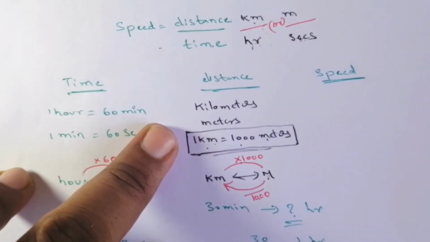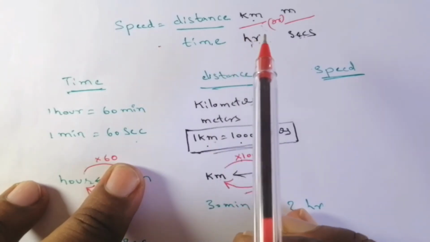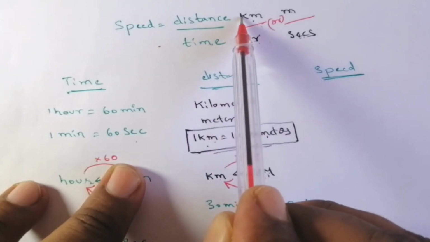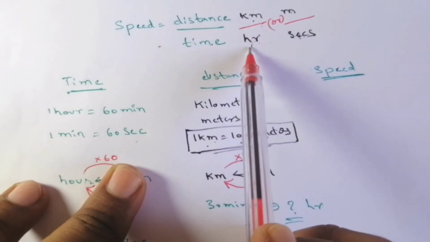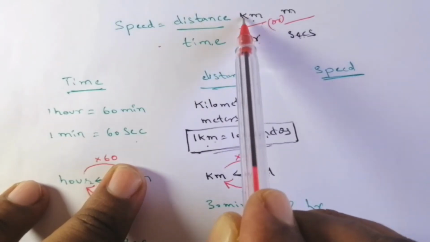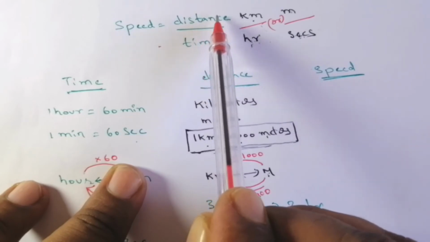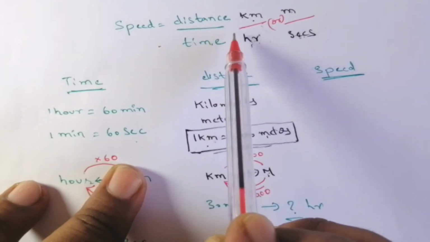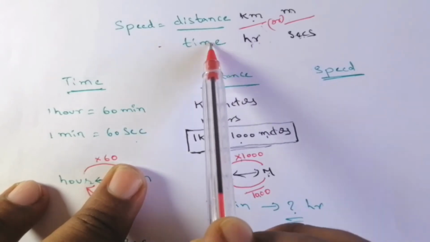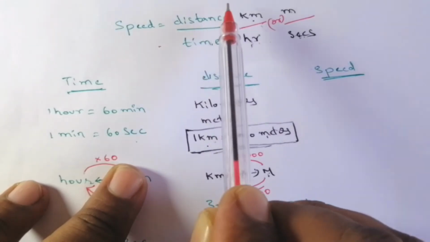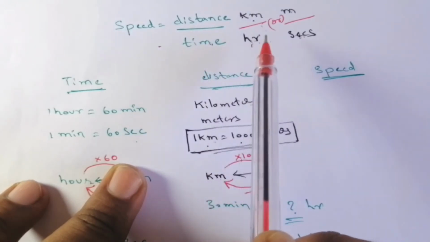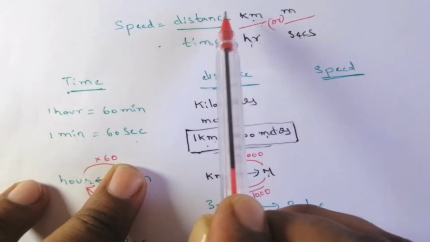And one most important point while solving any problem: if we have kilometers, we should have hours, because it is kilometer per hour. If the time is taken in hours, we take the distance in kilometers. But if we have taken the time in seconds, then the distance should be in meters.